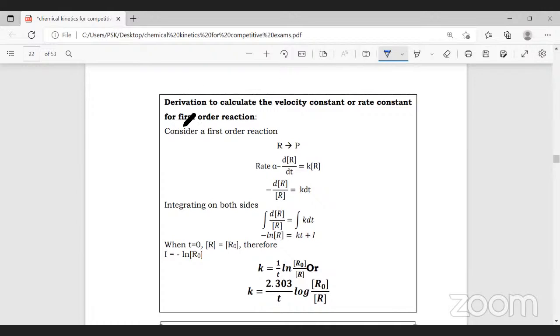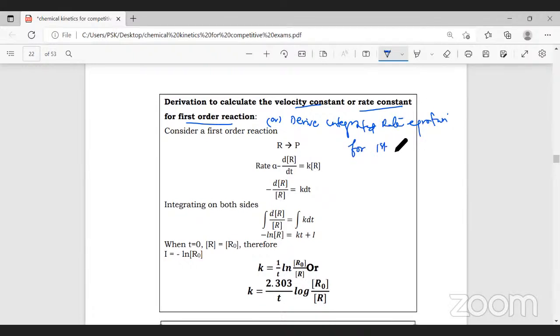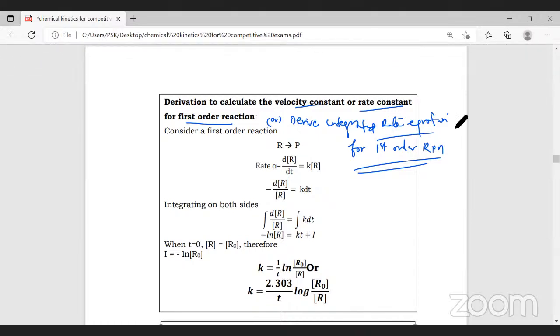Now the question is, derive the velocity constant or rate constant of a first order reaction. Or they can ask you, derive the integrated rate equation for a first order reaction. They can ask you to derive the integrated rate constant for the first order reaction.